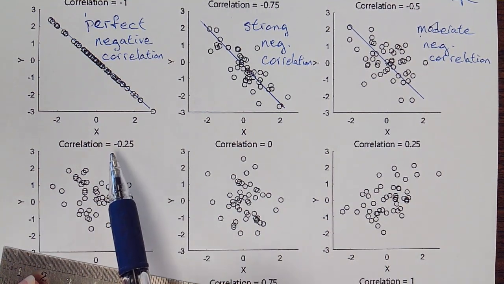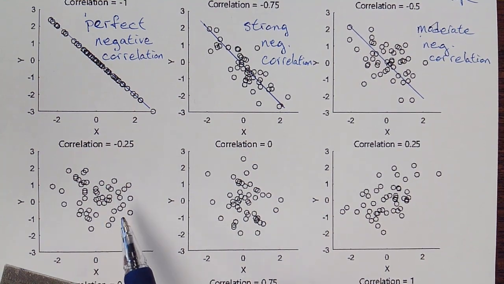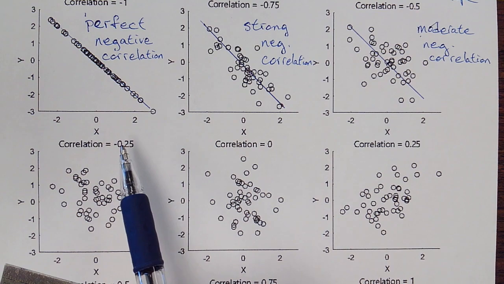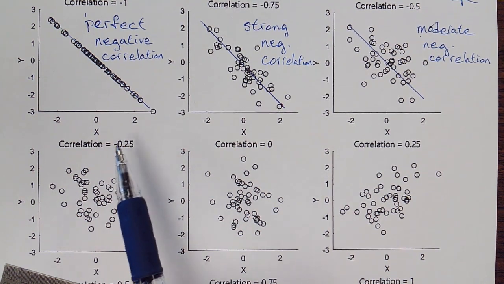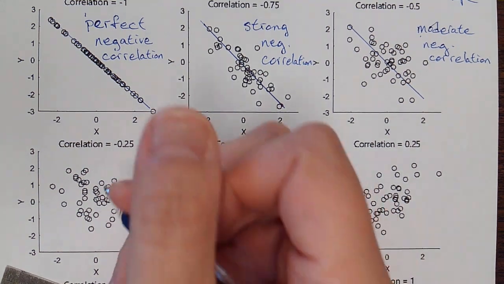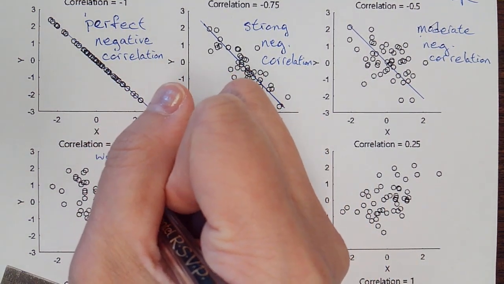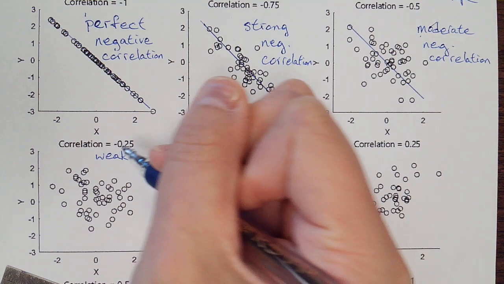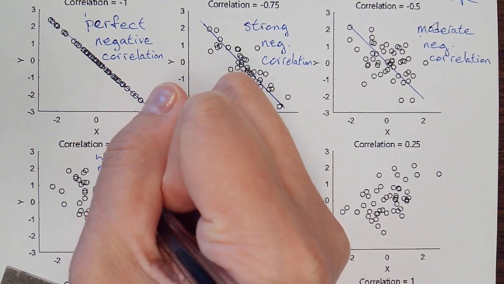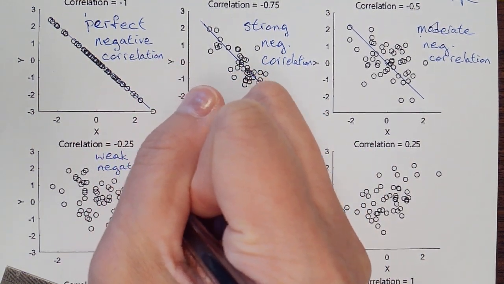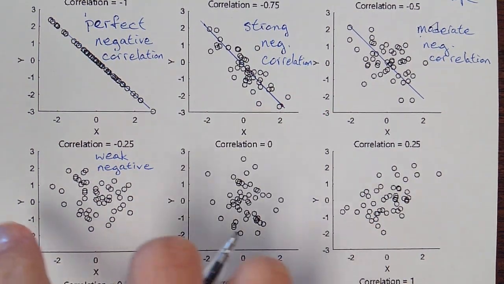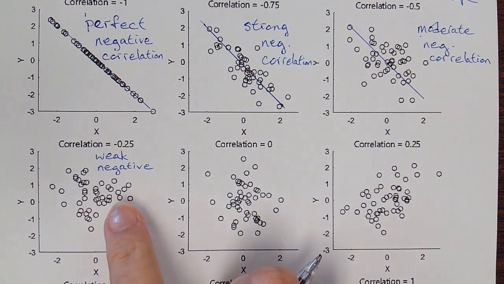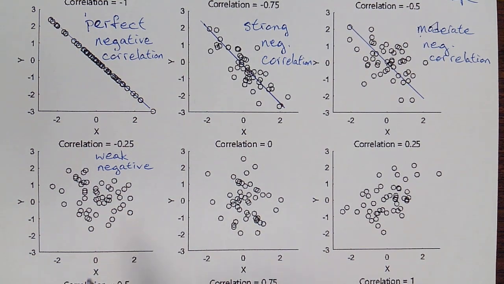The graph itself might not be so obvious, but if they tell you the number is -0.25, what would this number represent? Weak. It means there's still some sort of direction and some sort of relationship between your x value and your y value, but it's not very strong, so it's pretty weak.